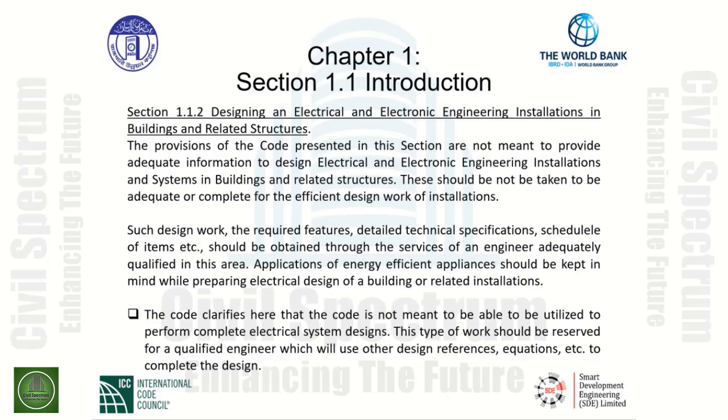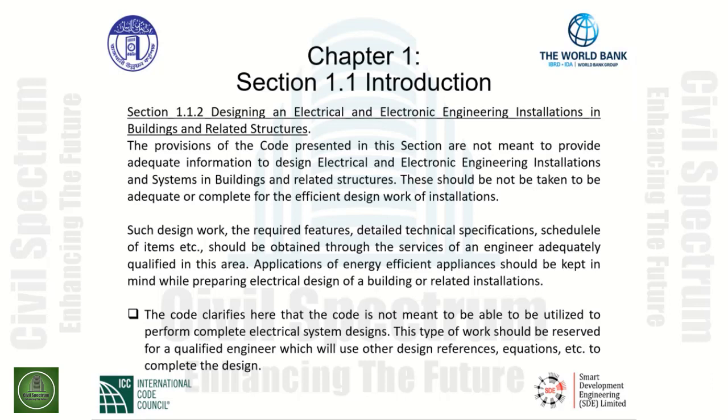Section 1.1.2, Designing an Electrical and Electronic Engineering Installations in Buildings and Related Structures. The provisions of the code presented in this section are not meant to provide adequate information to design electrical and electronic engineering installations and systems in buildings and related structures.